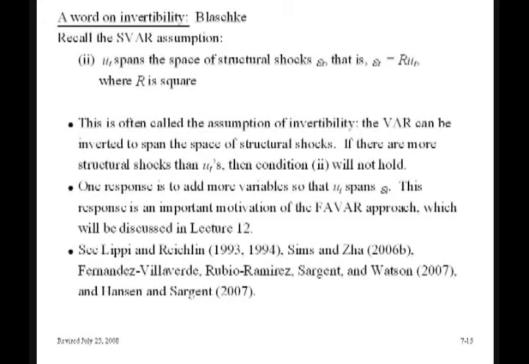Okay, so there's this idea called invertibility. Okay, so here's my one word on invertibility, which is Blaschke. What does invertibility mean? All right, so there was this assumption that, let me write this up since this is an important equation.